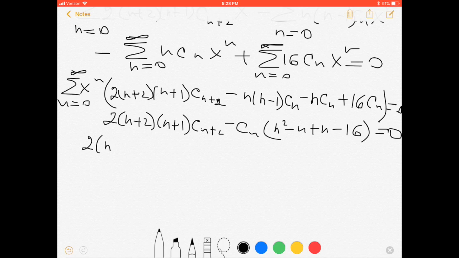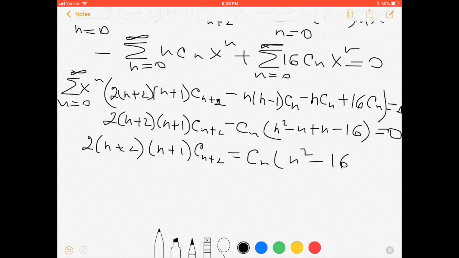This means twice (n plus 2)(n plus 1) C n plus 2 will be Cn times (n squared minus 16).